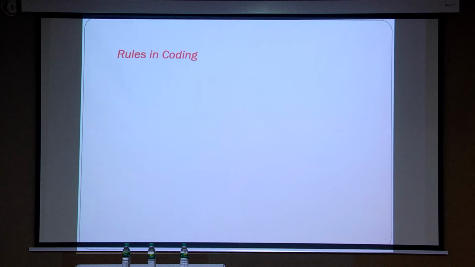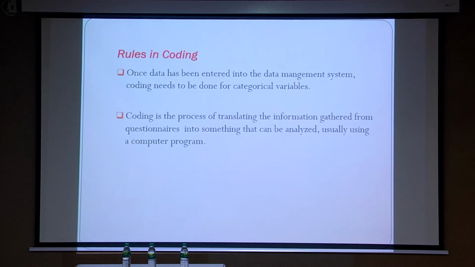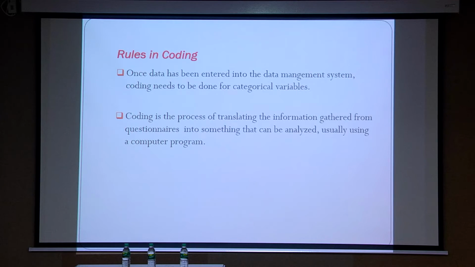Then comes coding. Once the data has been entered into a data management system, coding has to be done, especially for categorical variables. Coding is the process of translating the information gathered from the questionnaire into something that can be analyzed, usually using a computer program.